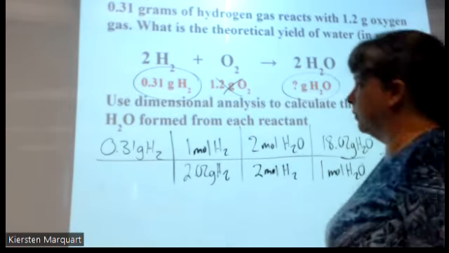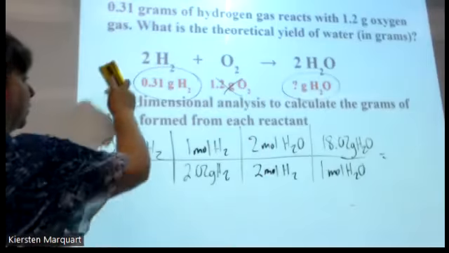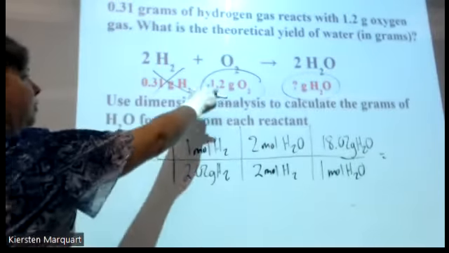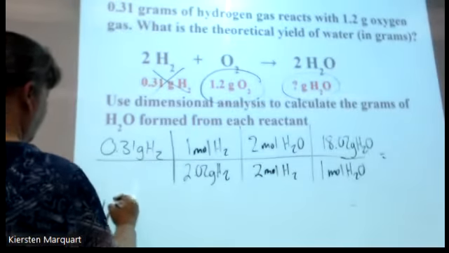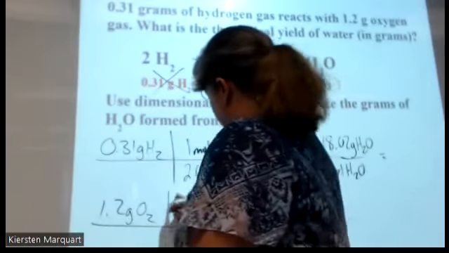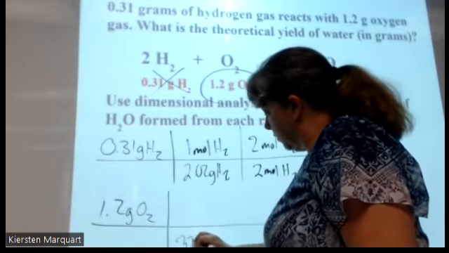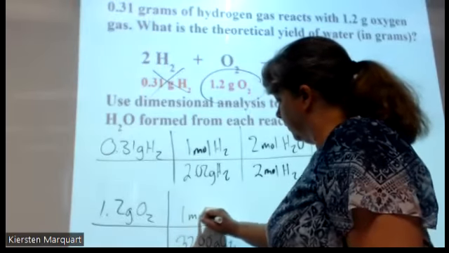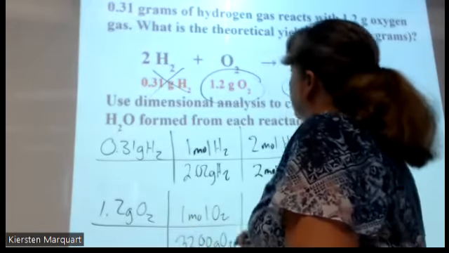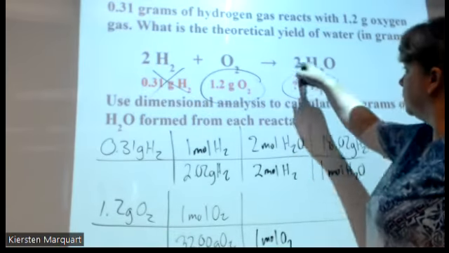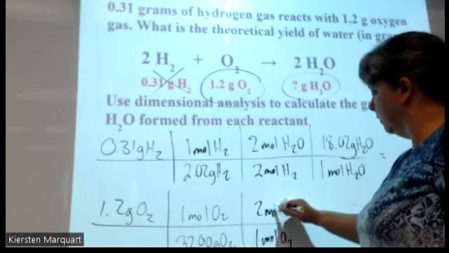Okay, I'll calculate that one in a minute, but now we're going to do the other one. So 1.2 grams of O2. That's 32 grams of O2 in 1 mole of O2. 1 mole of O2 to 2 moles of water.